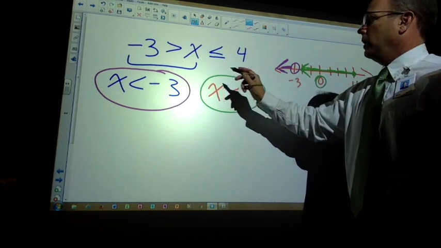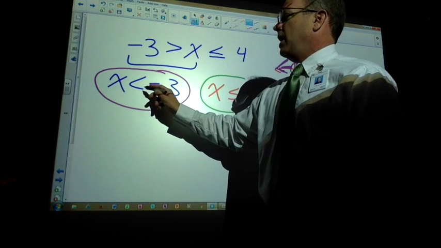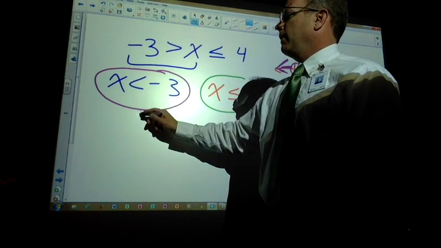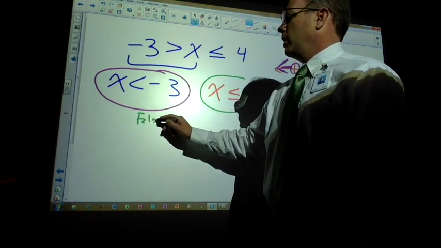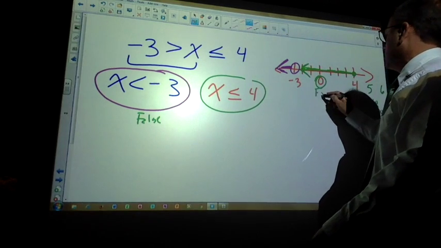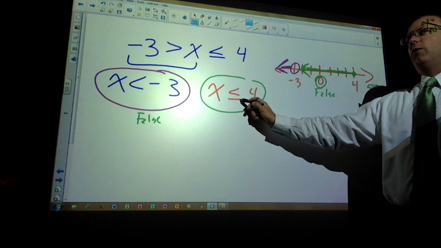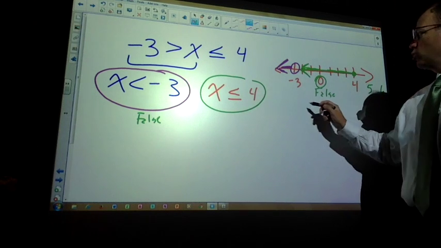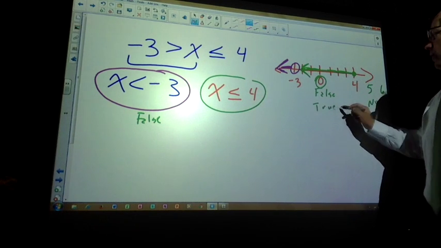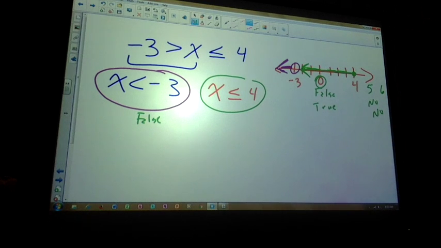Let's plug 0 in. Is 0 less than -3? No, false. Uh-oh, that gave me a false. Okay, let's try this one. 0 is less than or equal to 4. True. Okay, yes or no? Yes.